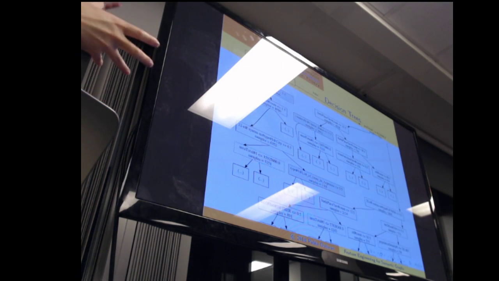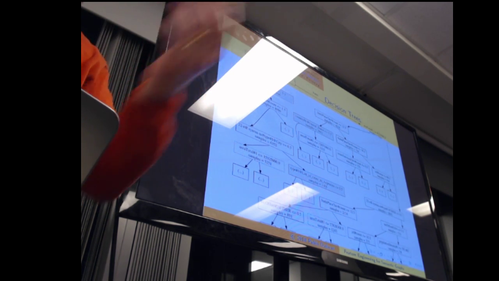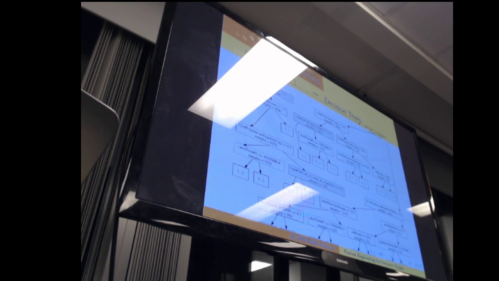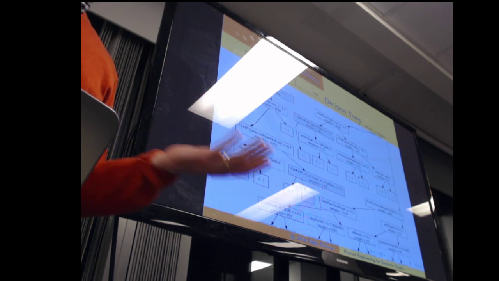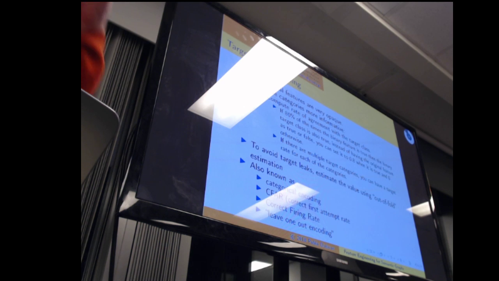So from this decision tree, I have the idea that if you have the population density and you have the total area, you can compute population total, right? So you can have a computable feature.